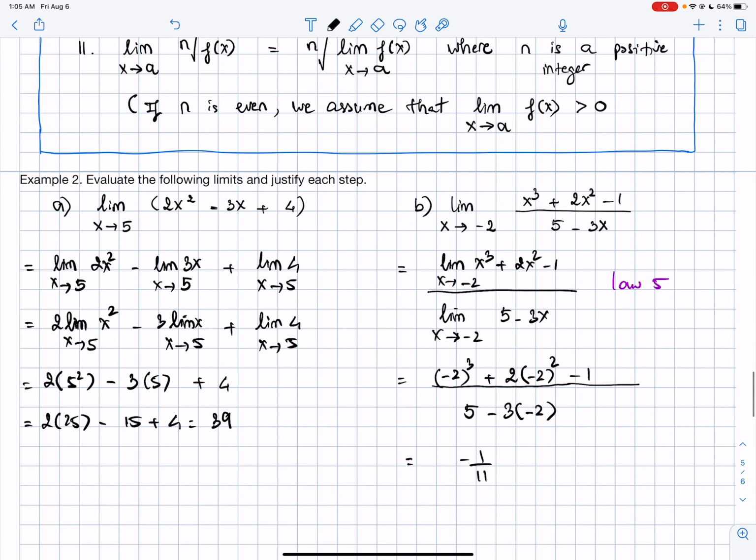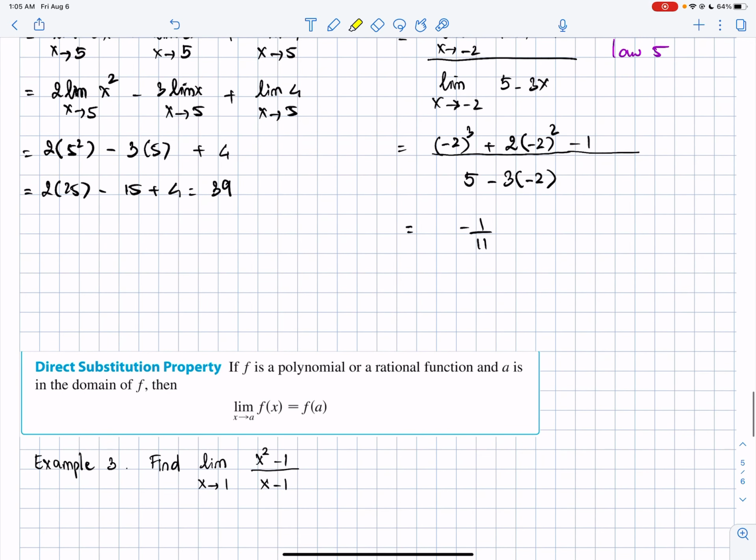So from this example number 2, what we can learn is that when we have a polynomial or a rational function, we can just plug in the number when we want to find the limit as x approaches that number. So just plug it in.